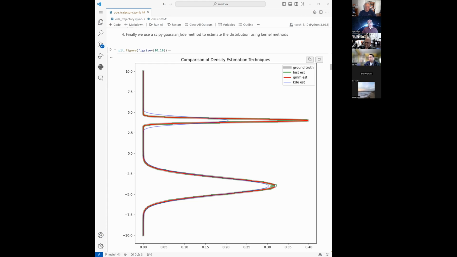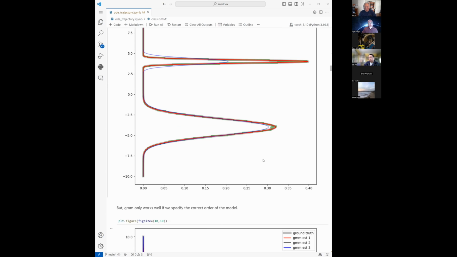In this case, I used a second order Gaussian mixture model to fit. That's the red, and it seems to fit almost perfectly. And this kernel method, you can see it's off. It doesn't capture it very well. It misses this low variance spike and underestimates the main one.